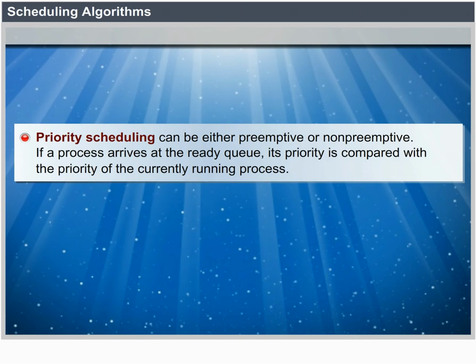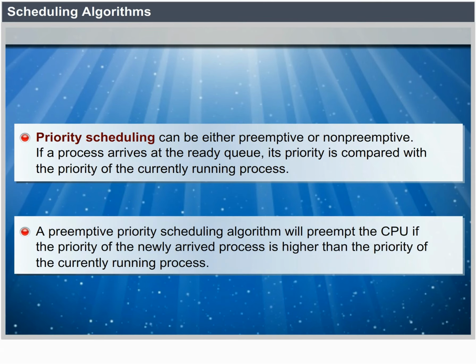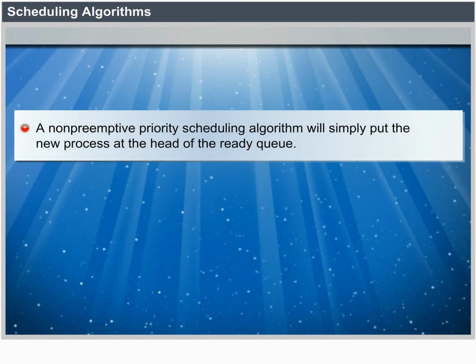When a process arrives at the ready queue, its priority is compared with the priority of the currently running process. A preemptive priority scheduling algorithm will preempt the CPU if the priority of the newly arrived process is higher than the priority of the currently running process. A non-preemptive priority scheduling algorithm will simply put the new process at the head of the ready queue.